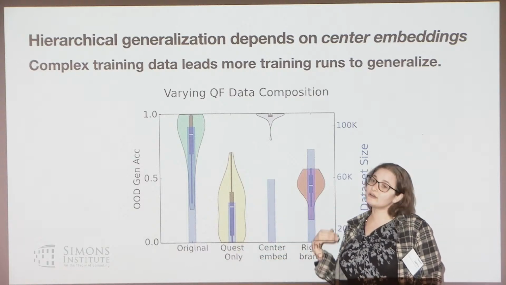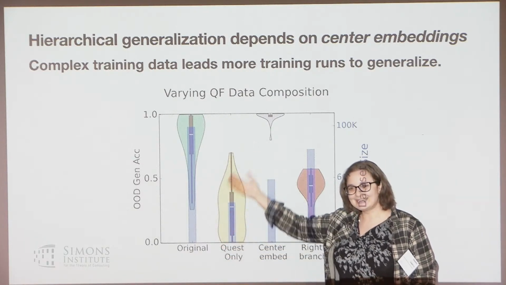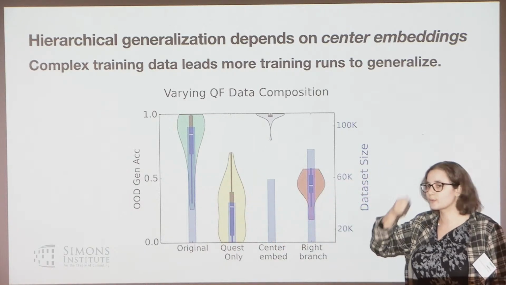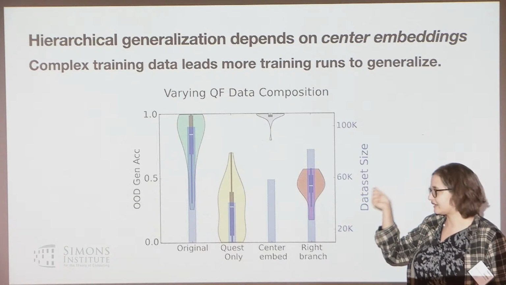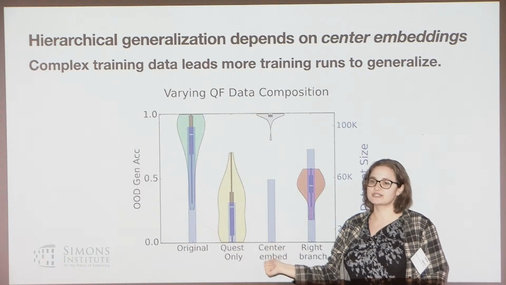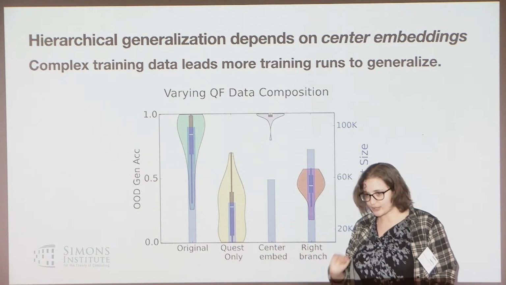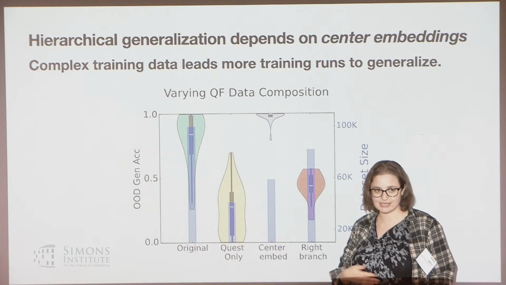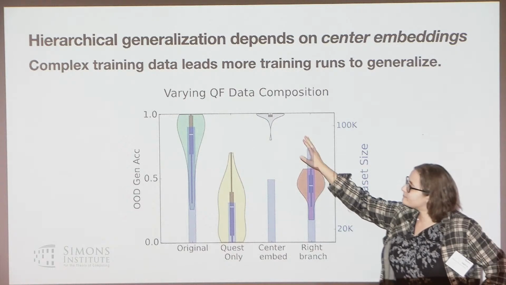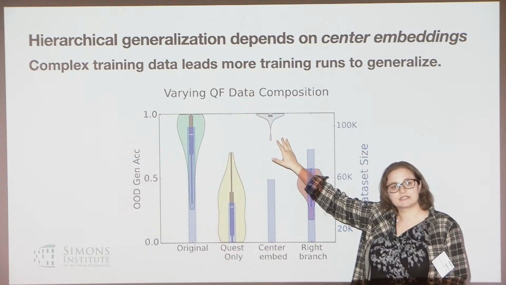If you remove all examples of language modeling, then it is very bad at that. And these are across random seeds, by the way. We're training a bunch of different language models. That's where the distribution comes from. If you only introduce center embeddings and you give absolutely no exclusively right branching sequences, as in the examples for language modeling, then it always basically learns to hierarchically generalize.